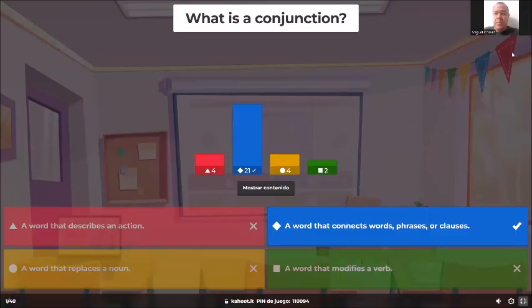A word that connects words, phrases, or clauses. That is a definition for a conjunction. Well done.